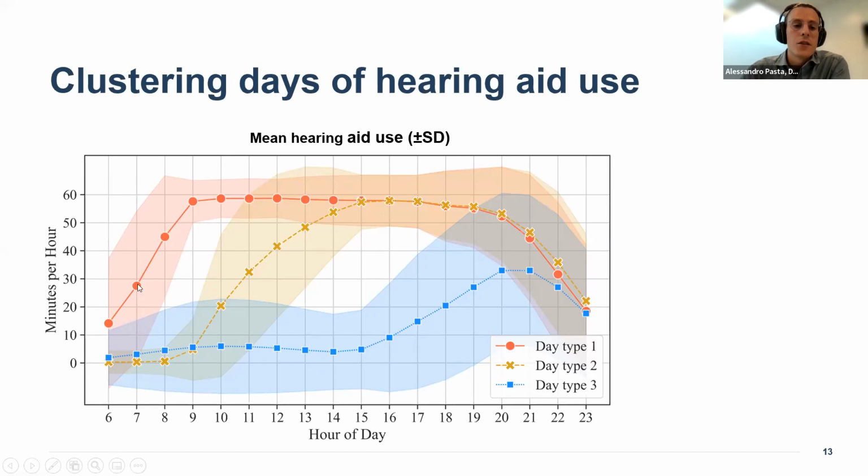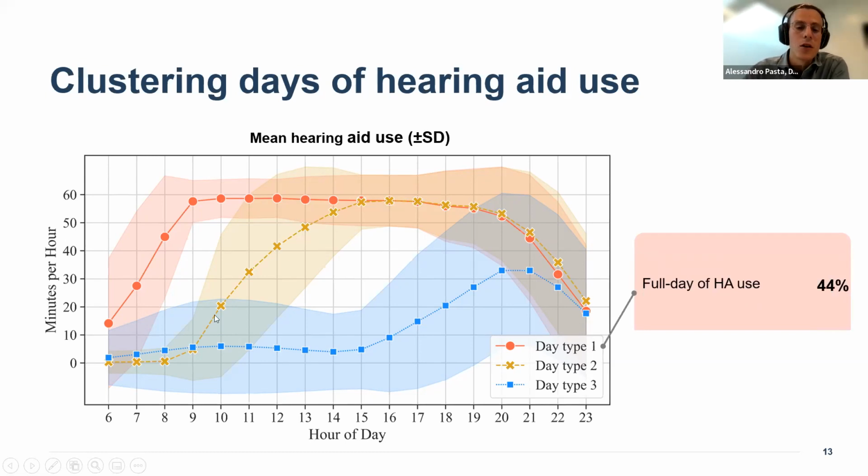We can see that there is a cluster, the red one, which groups days of hearing aid usage where the hearing aid has been turned on in the morning, used uninterruptedly throughout the day, and then turned off in the evening hours. We call that full day of hearing aid use. And this accounts for around 44% of the days in our dataset.